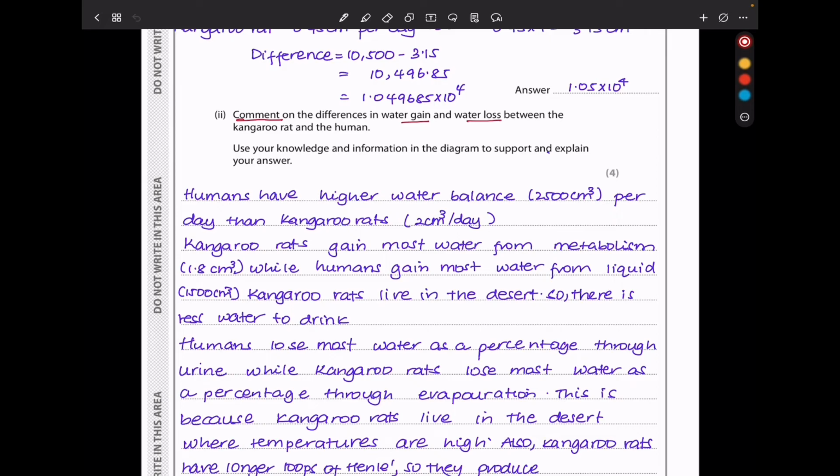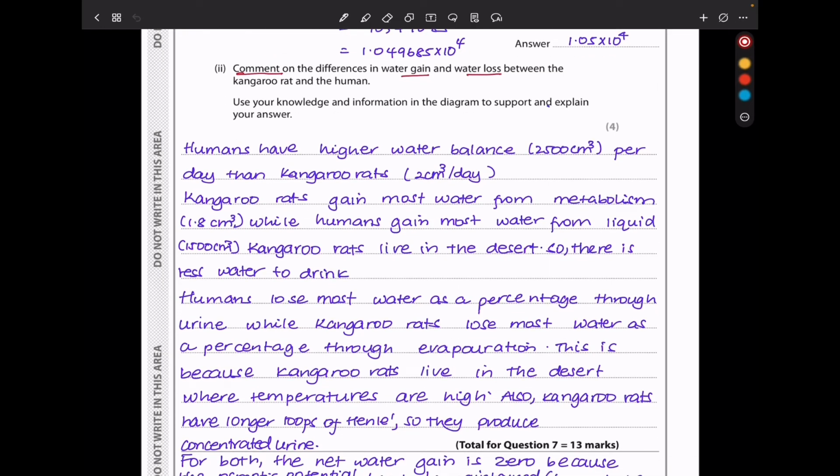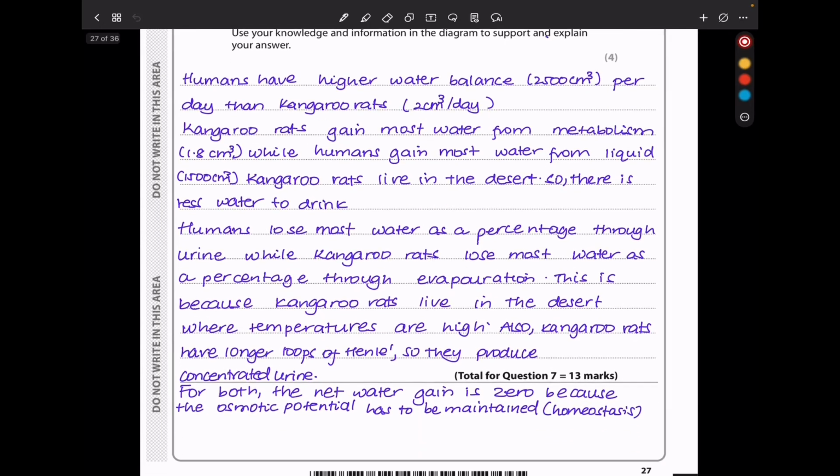I've already gone through the results when we were looking at the table, so I'm just going to read what I wrote. I said humans have higher water balance, which is 2,500 centimeters cubed per day, than kangaroo rats that have 2 centimeters cubed per day. Kangaroo rats gain most water from metabolism, while humans gain most water from liquid. Kangaroo rats live in a desert, so there is less water to drink.